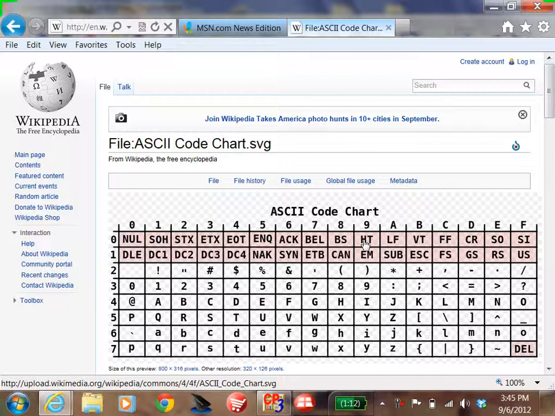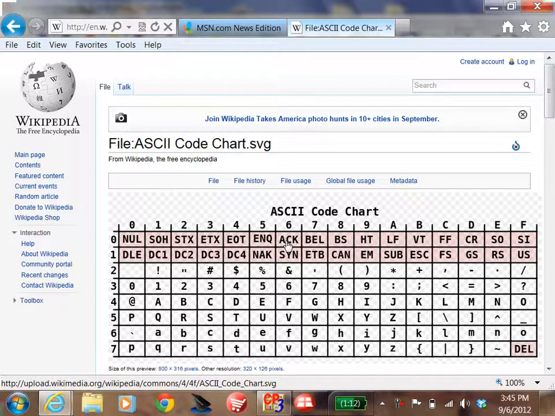When you are sending information from one computer to another, messages in a certain protocol, these protocols have these control characters. The message EOT means end of transmission. ENQ means inquiry.